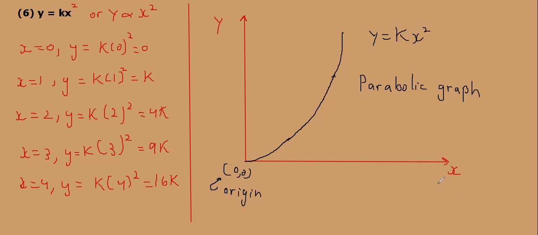Switching to the next one. The next graph we are going to discuss is the exponential graph. Simply what we understand is that whenever the value of x is changing, similarly the value of y will depend on that. The value of y will depend on the value of x.